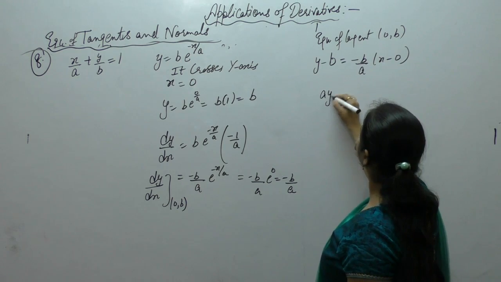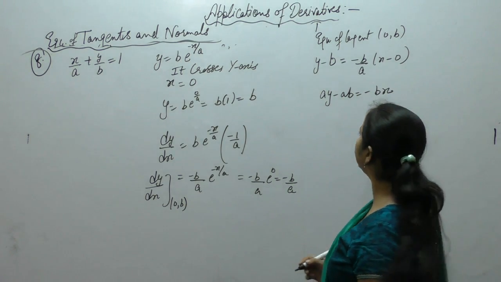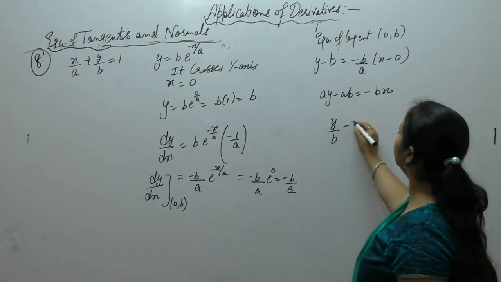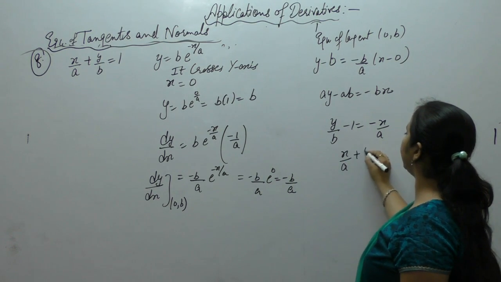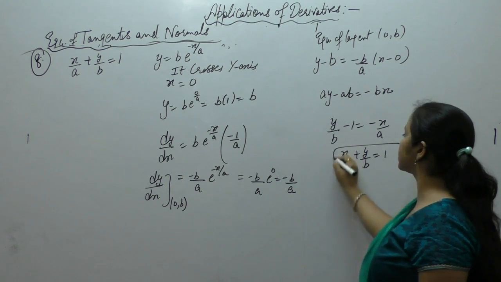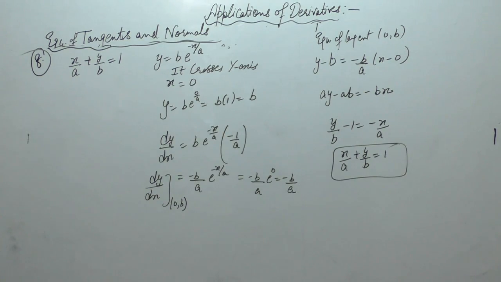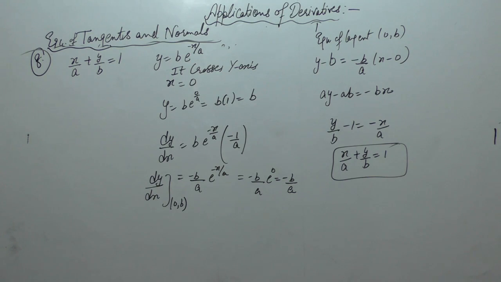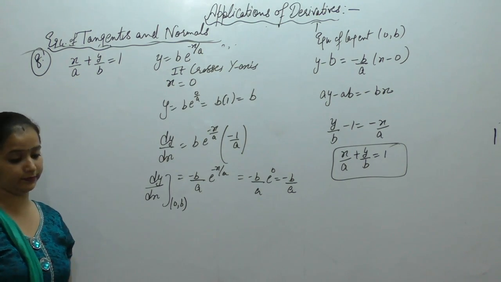We get ay minus ab is equal to minus bx, divided by ab, y upon b minus 1, x upon a. So we get x upon a plus y upon b is equal to 1. Therefore, the line touches the given curve when it crosses the y-axis.